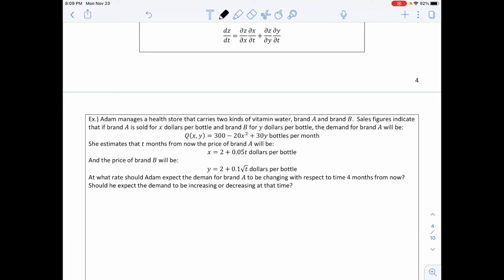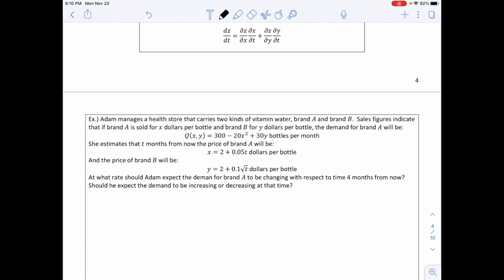She estimates that T months from now, the price of brand A will be X equals 2 plus 0.05 T dollars per bottle, and the price of brand B will be Y equals 2 plus 0.1 square root of T dollars per bottle.